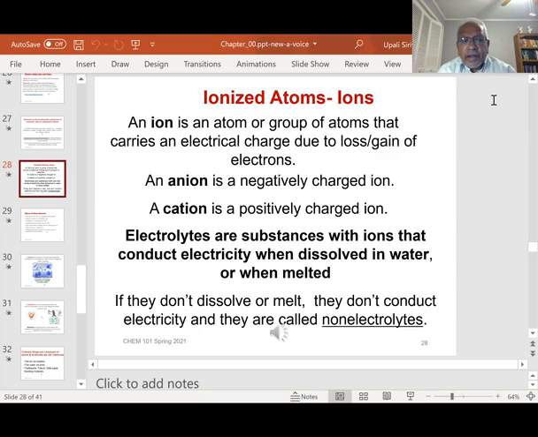So ionic compounds which contain anions and cations are called electrolytes. When they dissolve in water, or when they are melted, they conduct electricity. They are electrical conductors when molten or dissolved in water. If matter is not made up of ions, it is called non-electrolyte. Matter made out of atoms and molecules are non-electrolytes.